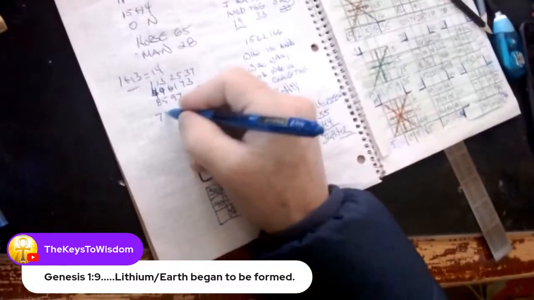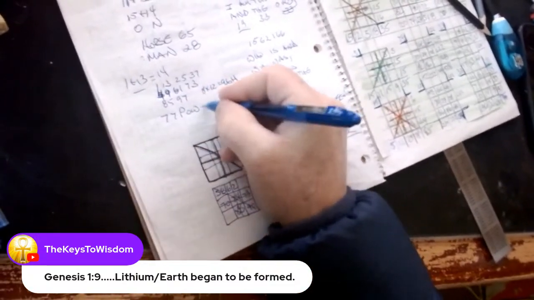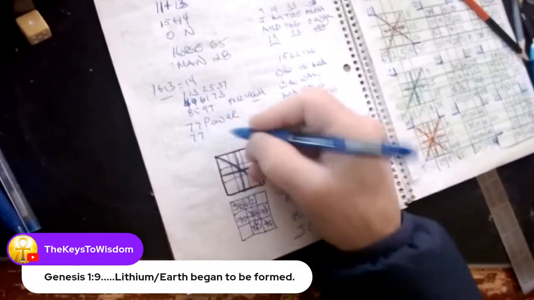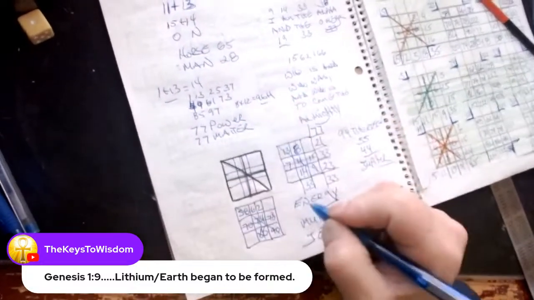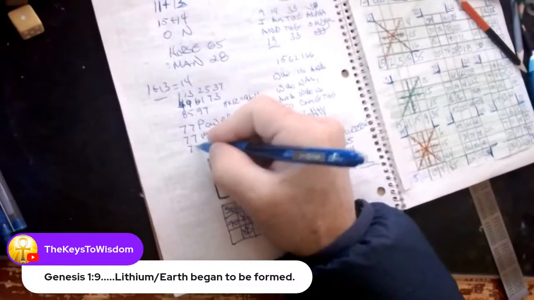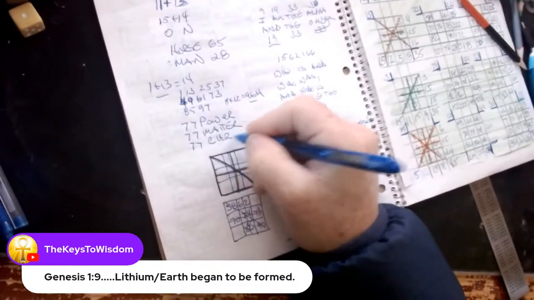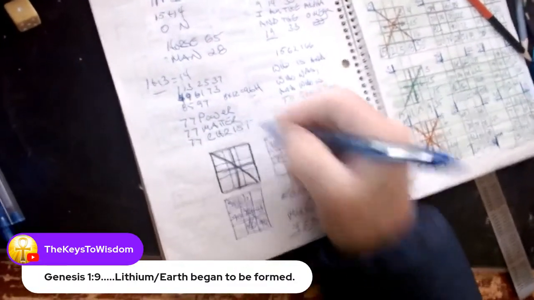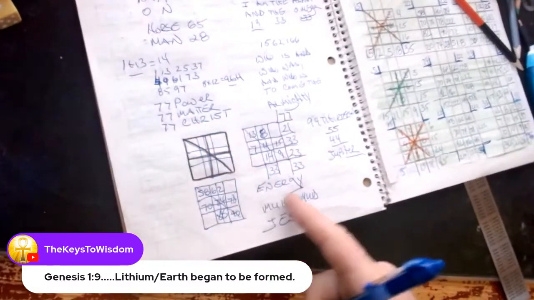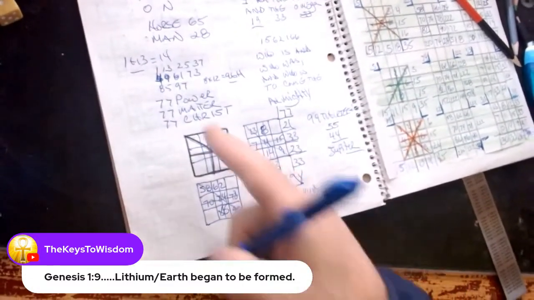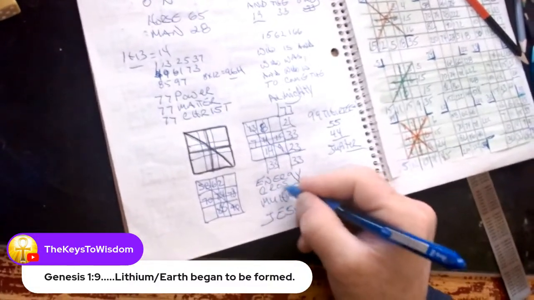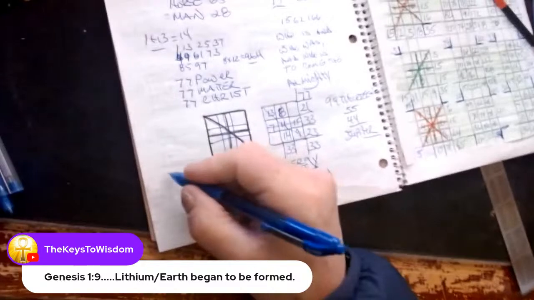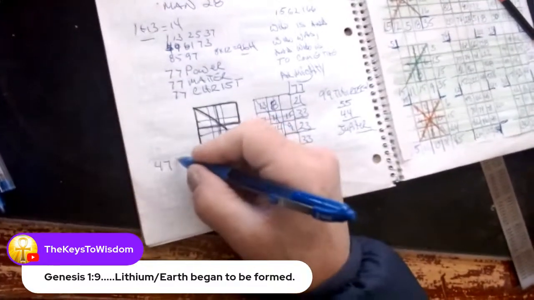Now, 77 is power. 77 is matter. 77, power, energy, matter, and cross. The reverse of this, or the continuation, is 47, which is walk, time, bull.